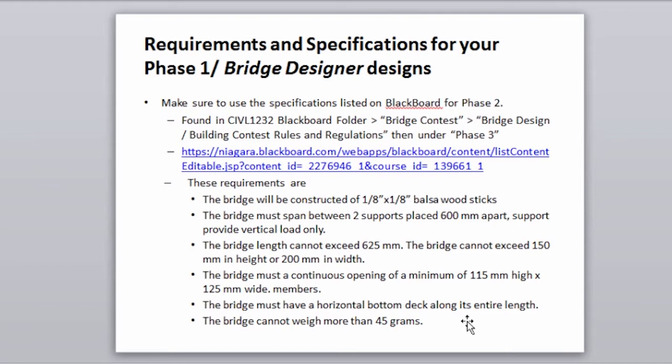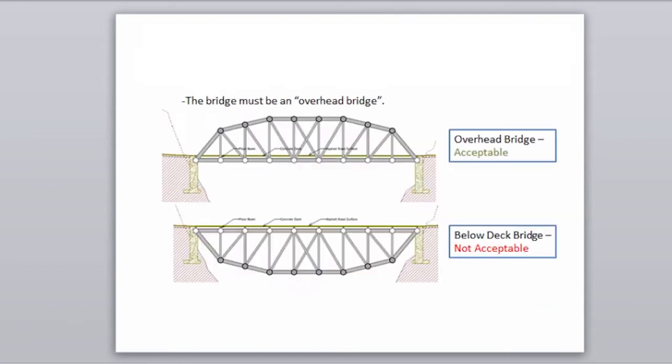The bridge must be an overhead bridge, and no parts of the bridge can extend below the supports. So again, what do we mean by this? We have 2 examples shown on this one slide. The first example is an overhead bridge, whereby all the members are above the support level.